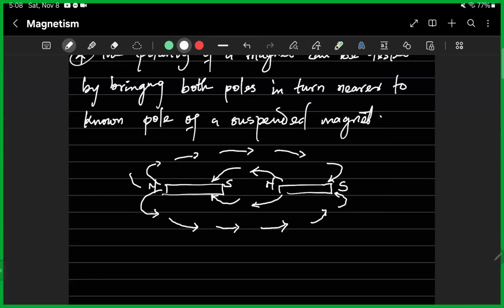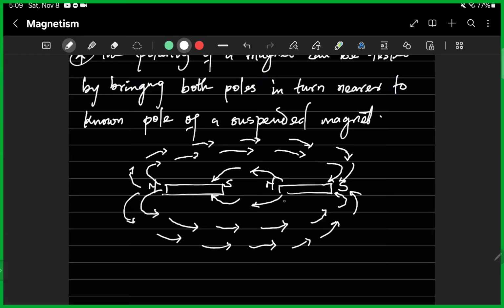Coming out of North Pole, entering at South Pole. That's the field line, that's the attraction here.